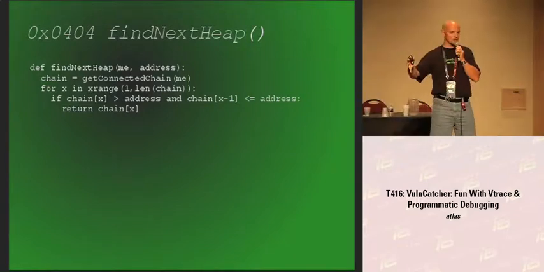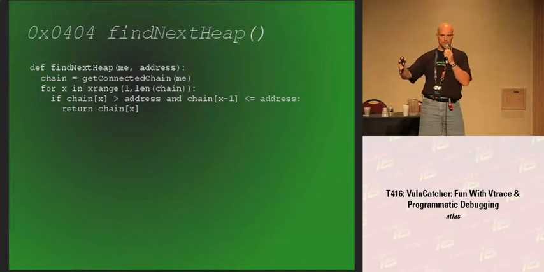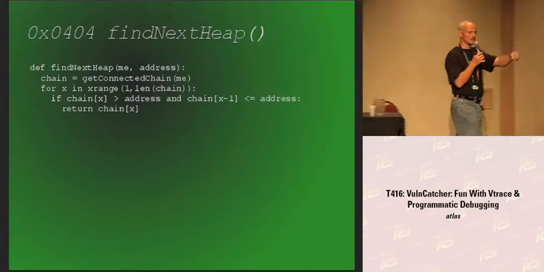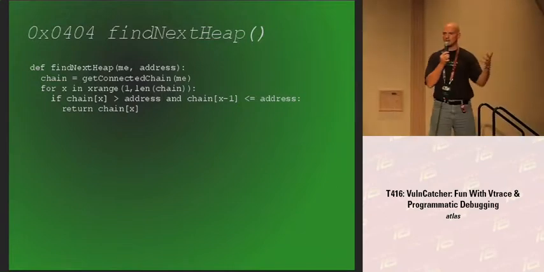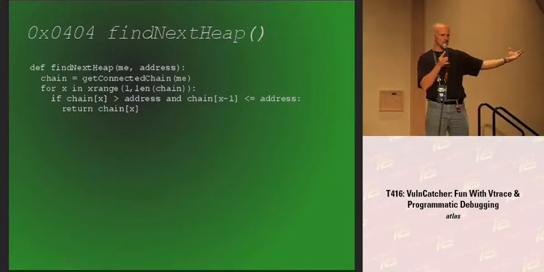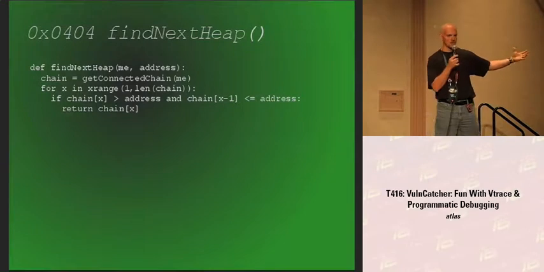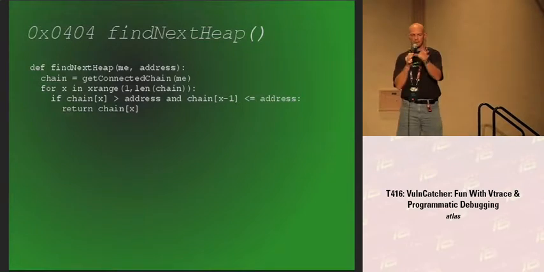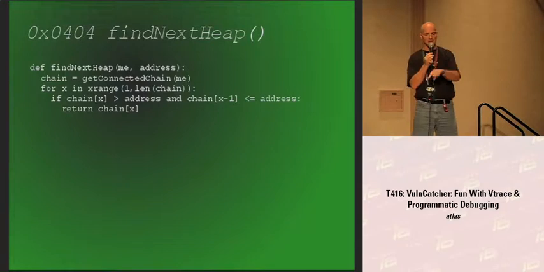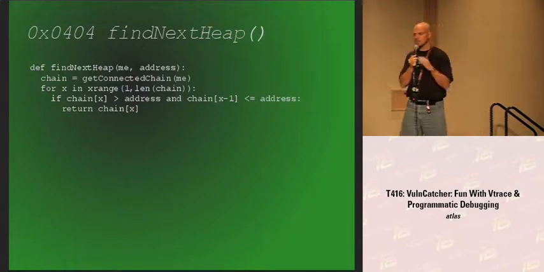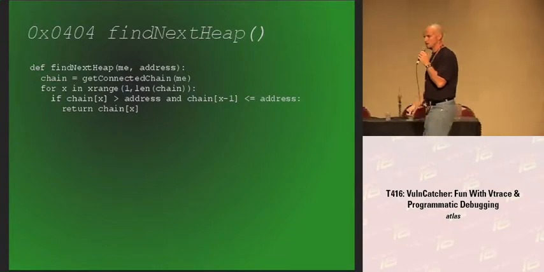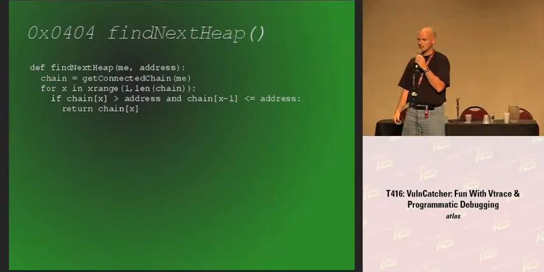So we start at the beginning of heap memory, and we traverse through a linked list because, well, it's a big chunk of memory, but we have to keep track of it somehow, right? So we've got this huge chunk of memory, and we create little allocations, and they are linked. So we can walk through all the heap allocations by starting at the base.